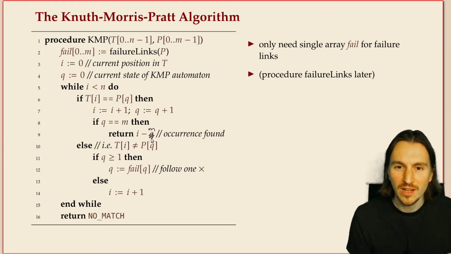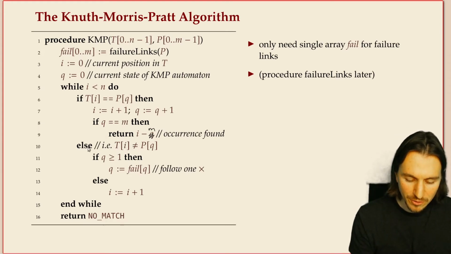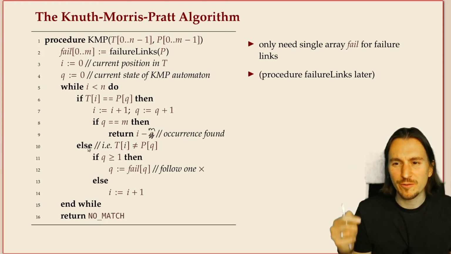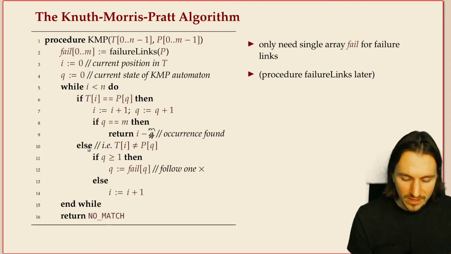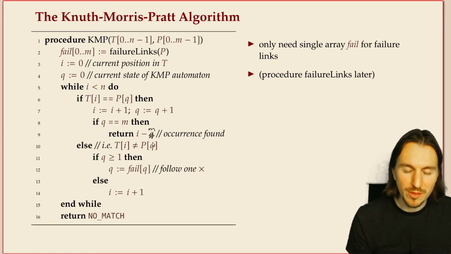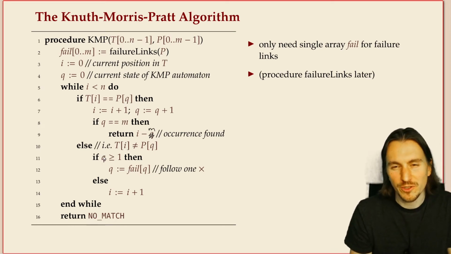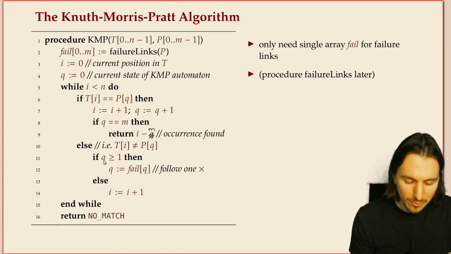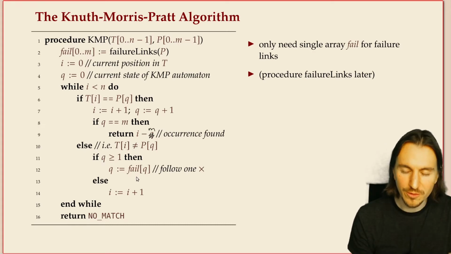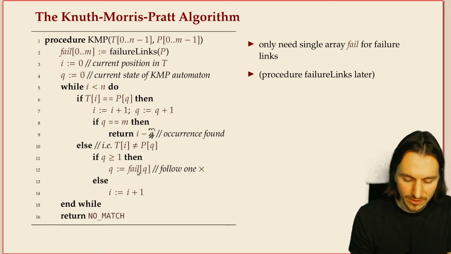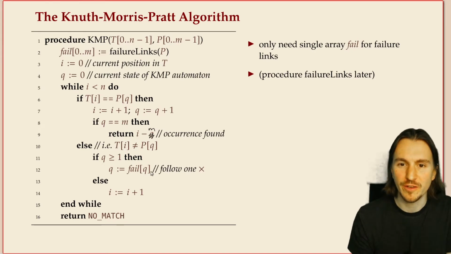If we don't have a match, so the next character is different from what we want to see, we have to do something else. We have to follow a failure link. There's no failure link for the start state. We just stay where we are. But if we're not in the start state, then we compute the failure link. So the target of the failure link is stored in this array fail.